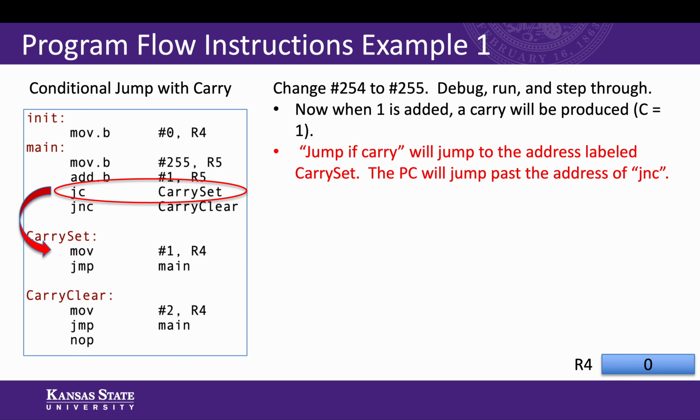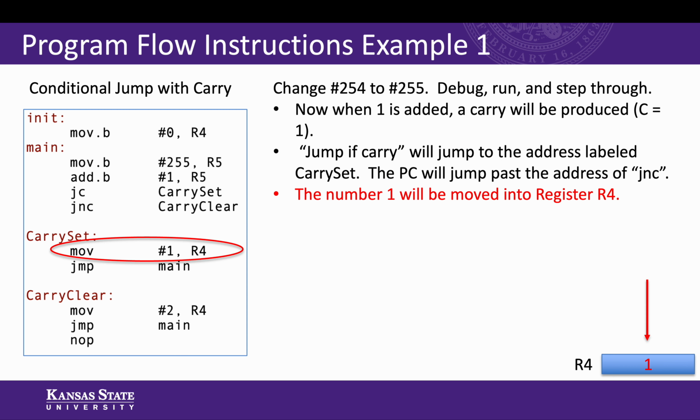The PC will jump past the address of JNC. You may want to take a look at that in the registers window for the program counter. Since we're in the carry set routine, the number 1 is going to be moved into register R4, indicating that we are indeed in the carry set routine.